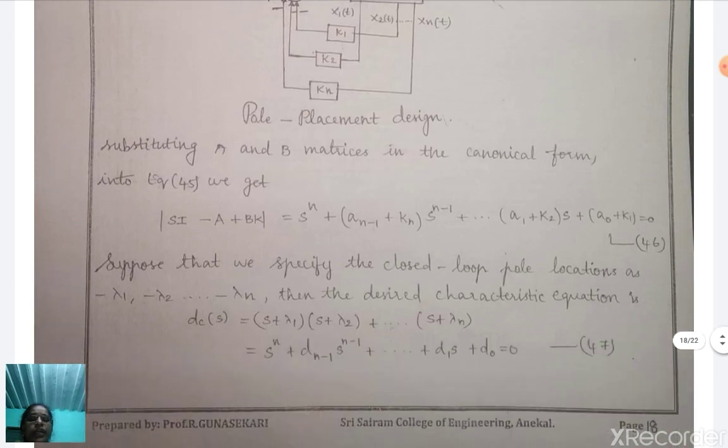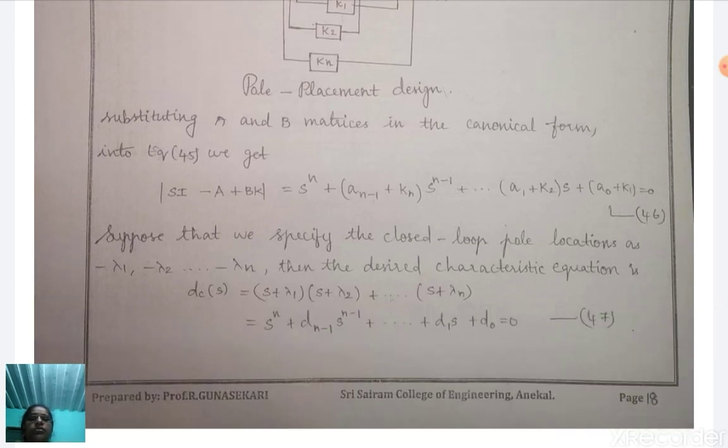Substituting A and B matrices in the canonical form, now we get the equation modulus of sI minus A plus BK, that is s to the power n plus a(n-1) plus kn, s to the power n minus 1, and so on up to a1 plus k2 into s plus a0 plus k1 is equal to 0.